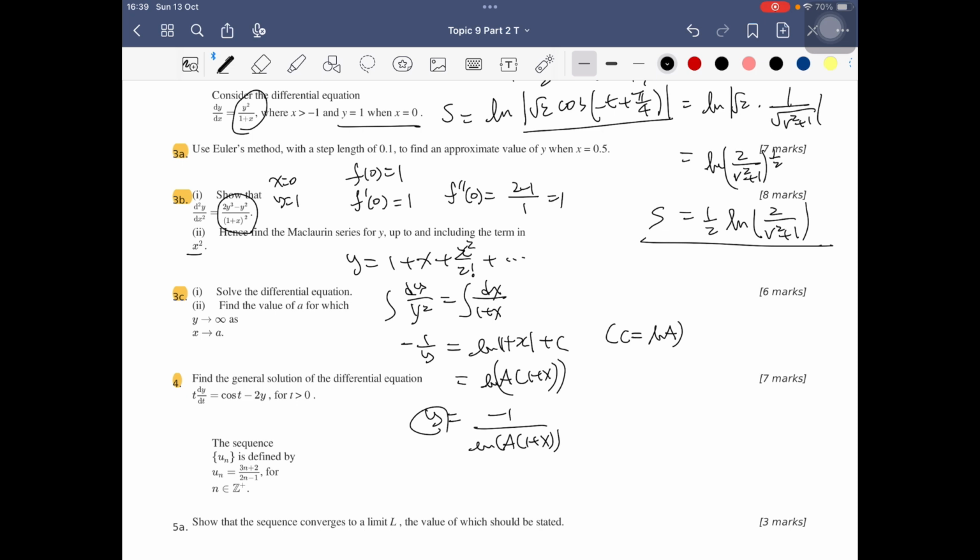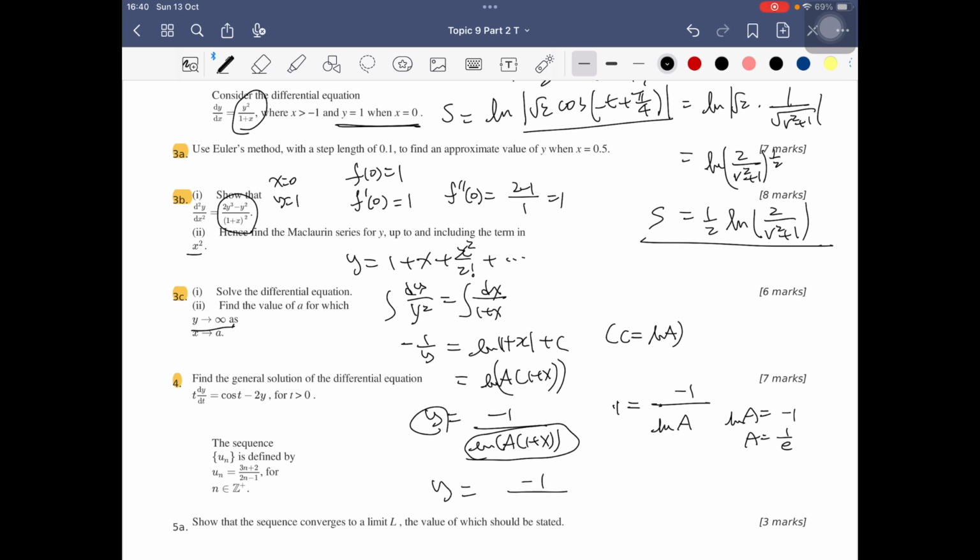If y goes to infinity, it means the denominator should go to 0, but before that we have the initial condition. When x equals 0, y is 1. So 1 equals negative 1 over ln a, so ln a should be negative 1, and a is 1 over e.